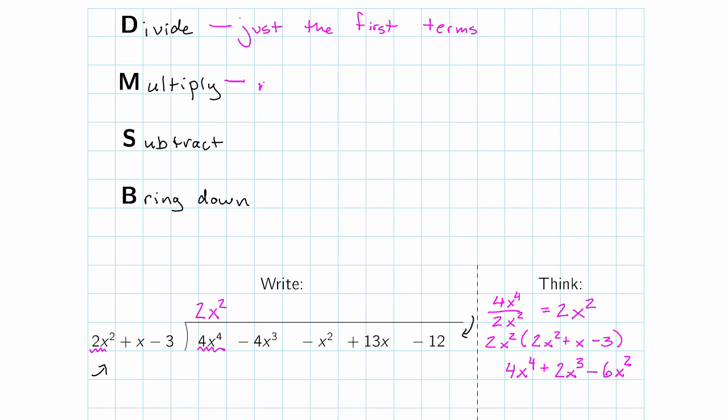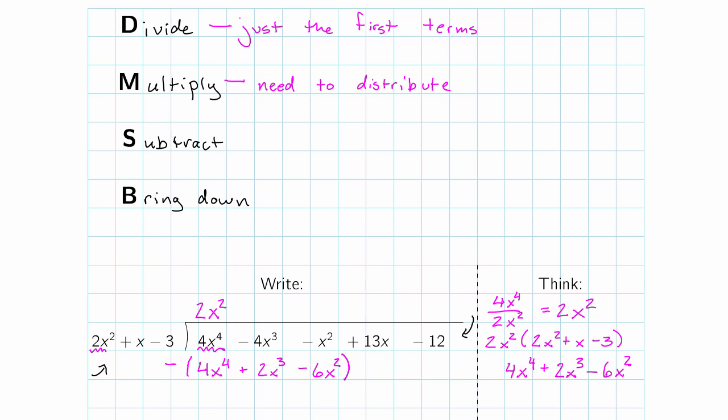So when we multiply, we need to distribute. So we write that product underneath here. And now, according to the process, it's time to subtract.